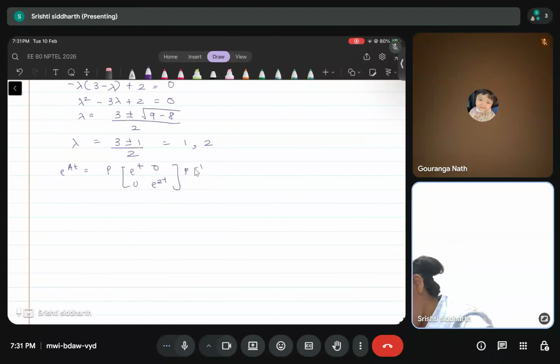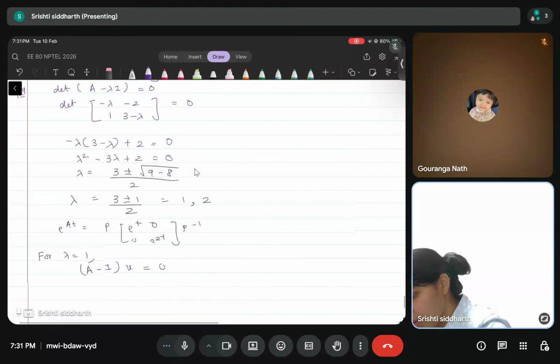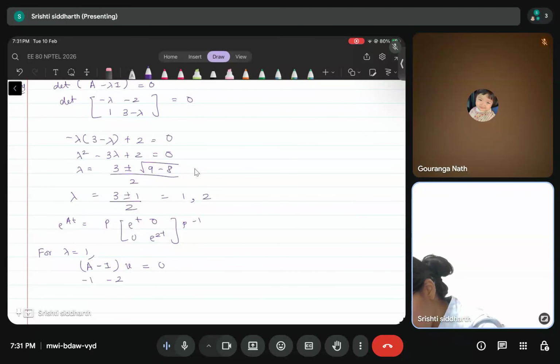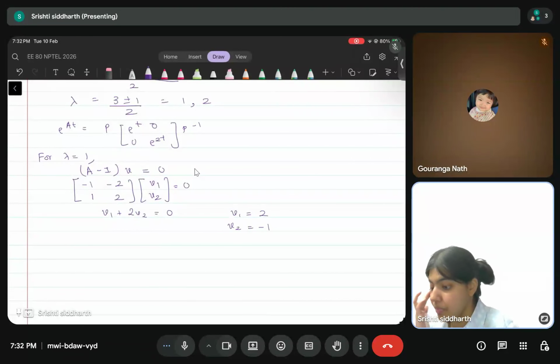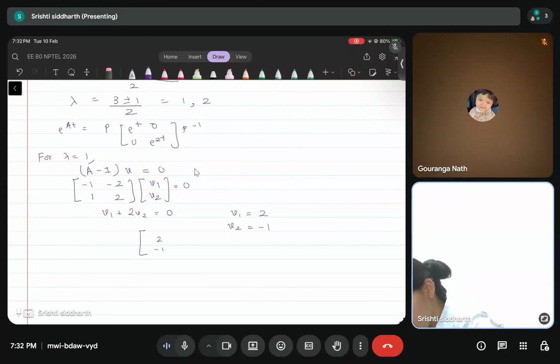So P is built using the eigenvectors. For lambda equals 1, we have (A minus I) times V equals 0. This gives V1 plus V2 equals 0. So we choose V1 to be 1, then V2 is minus 1. So the eigenvector is 1, minus 1.